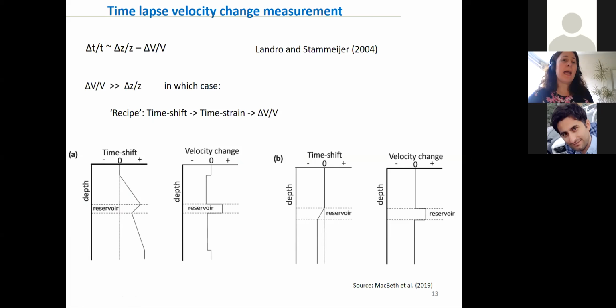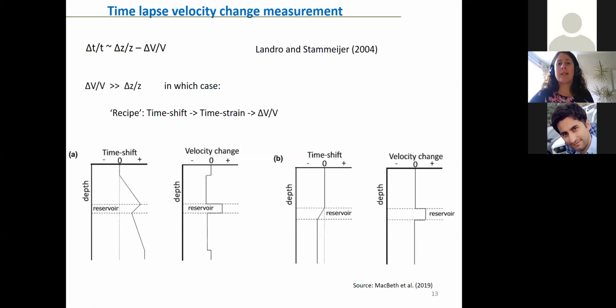But now what happens is when you look at all these problems under reservoir geometries and typical reservoir engineering constraints, typically the time shift due to changes in layer thickness is much smaller than the time shift due to changes in velocity.